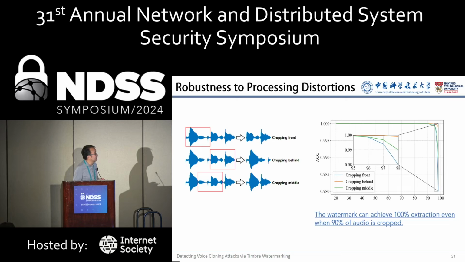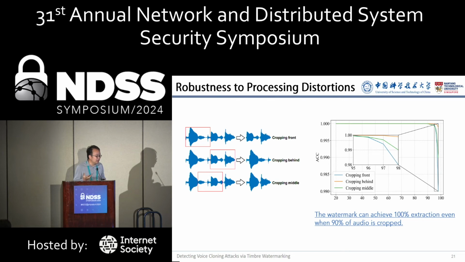Here we consider robustness against processing distortions. After getting the audio, the attacker can also try some pre-processing. For instance, he can crop the audio: crop the front, crop the back, or crop the middle. The right figure shows the extraction accuracy when the attacker crops different portions of the audio.